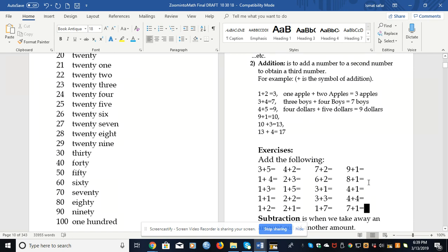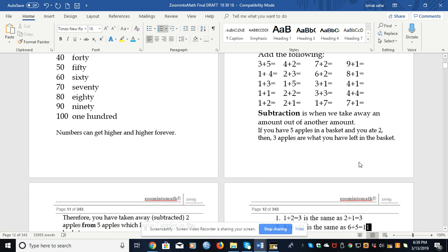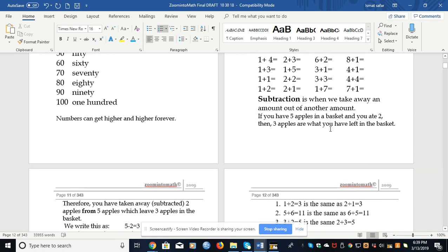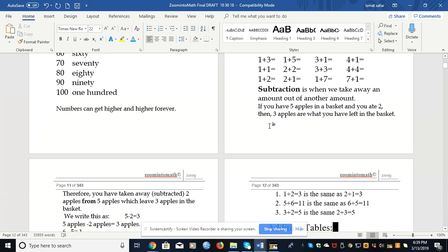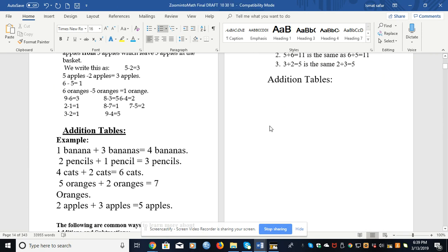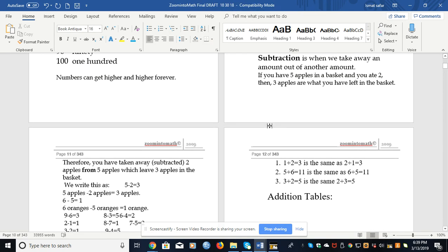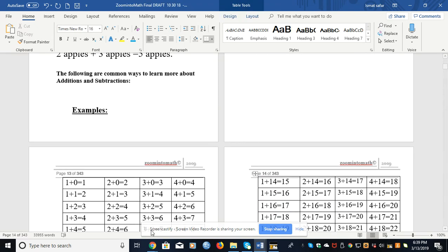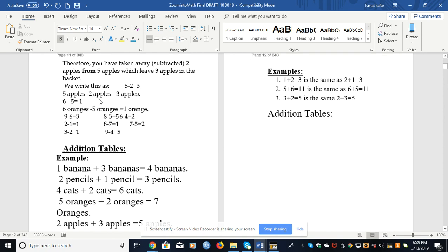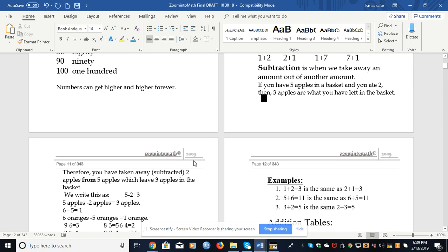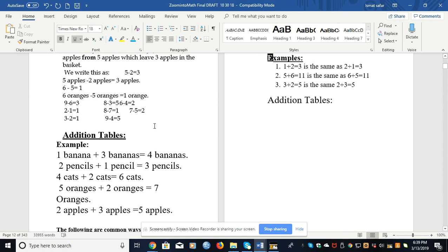Okay, don't worry, we're going to have a long list of tables. We're going to go through subtraction later on, but let's go through the addition and subtraction tables.